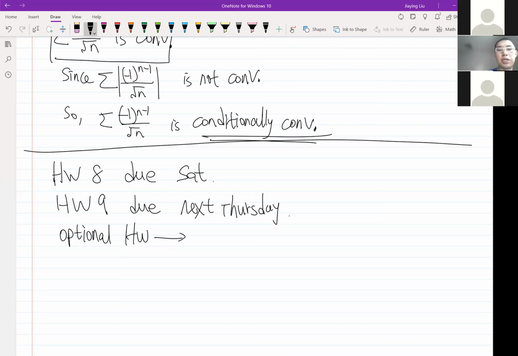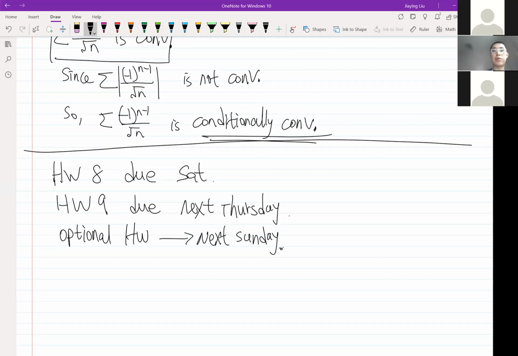It's not going to be a lot, about 20 points also. This homework will be due on Sunday. So let's just say next Sunday. Everything has to be done before that. So that will be the optional homework.